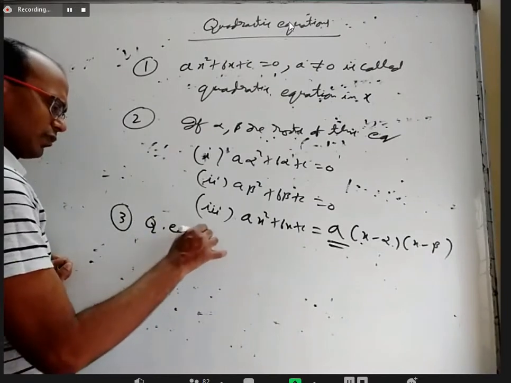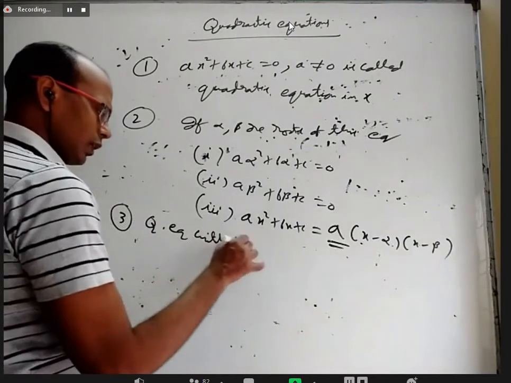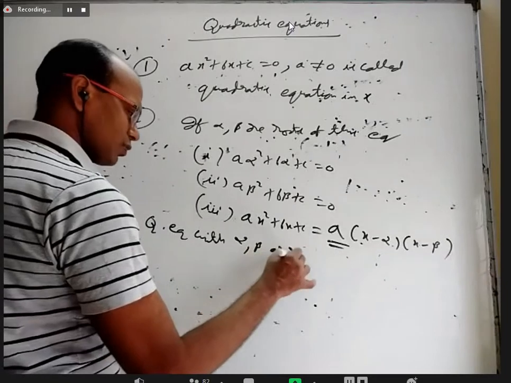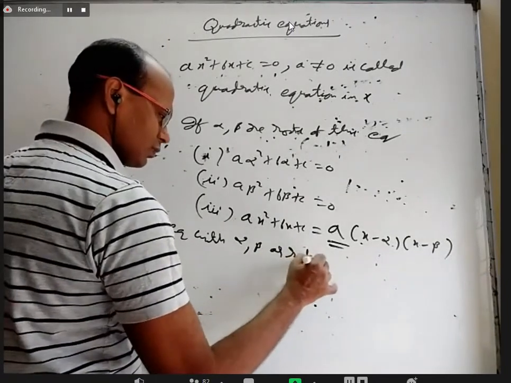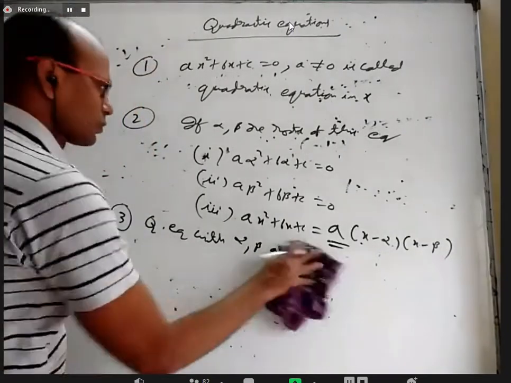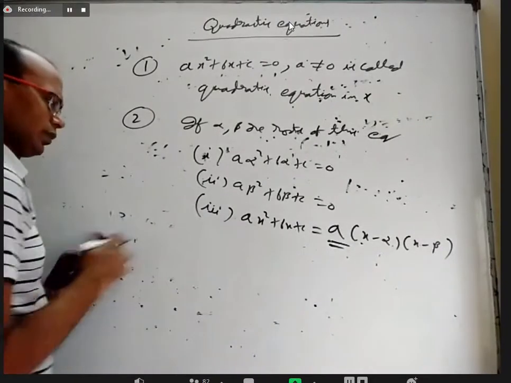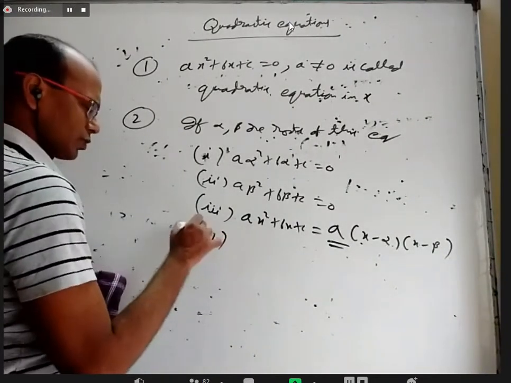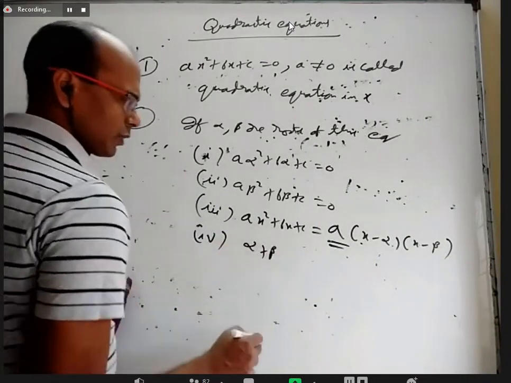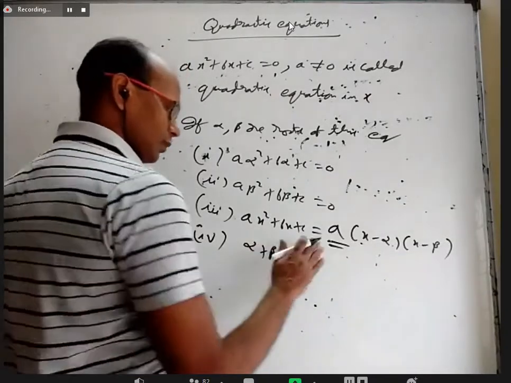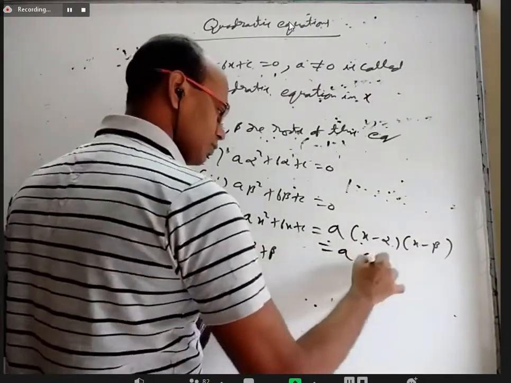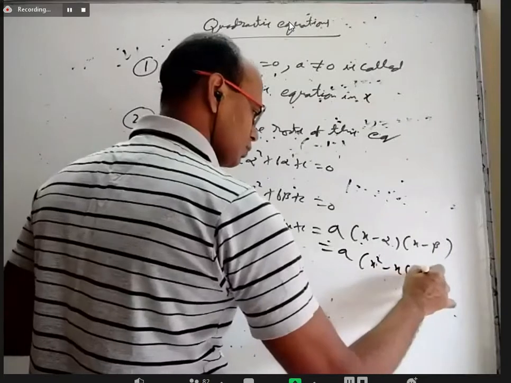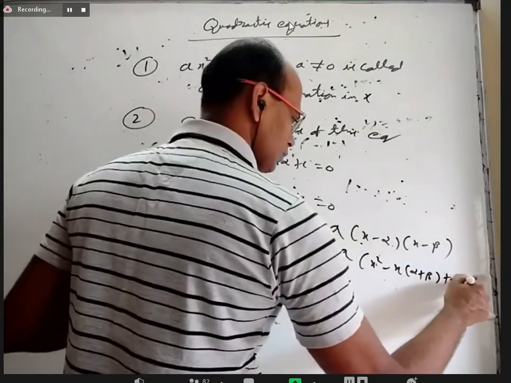Quadratic equation with alpha comma beta as roots, or maybe in the previous one, this fourth one, sum of the roots, what are the roots, all of you know, alpha plus beta. Here I can write a into x square minus x into alpha plus beta plus alpha beta.